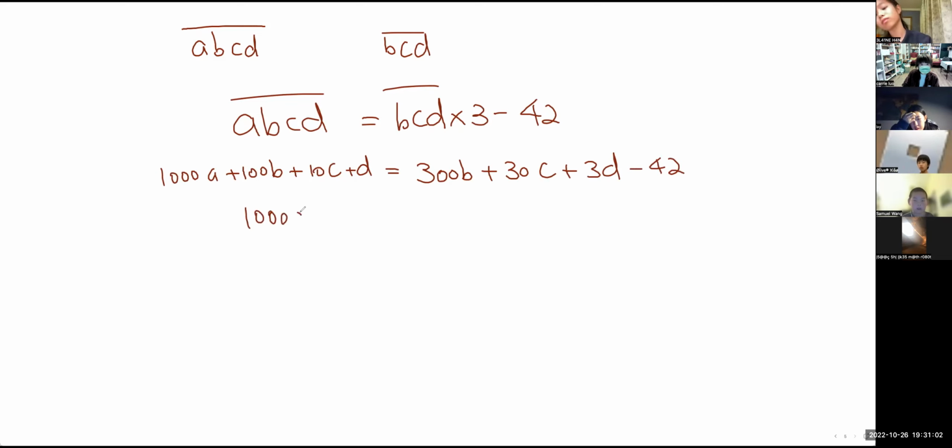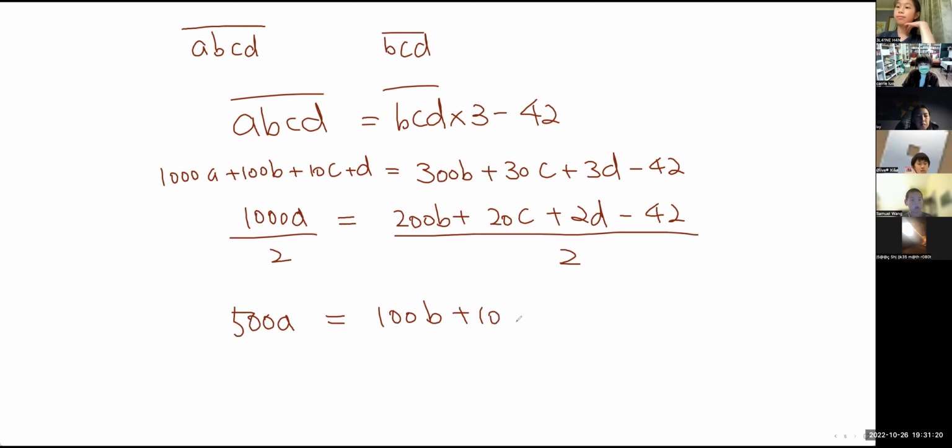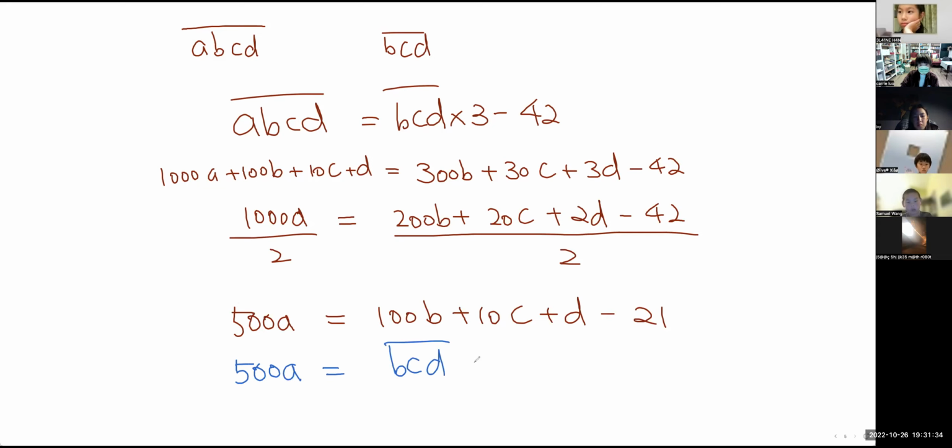So 1000A equals 200B plus 20C plus 2D minus 42. I can divide both sides by 2, so I have 500A equals 100B plus 10C plus D minus 21. Correct, everybody? So now 500A equals BCD minus 21.